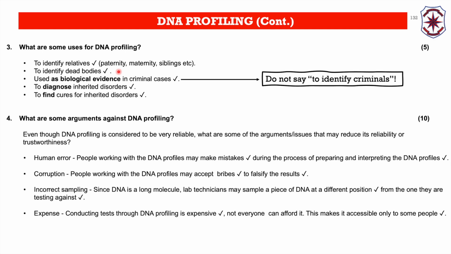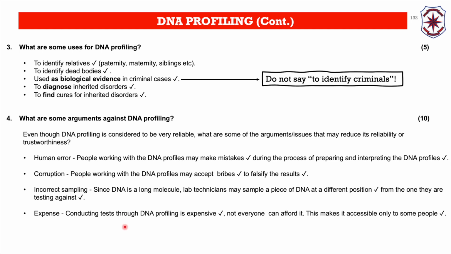And these procedures cost anything from 4,000 Rand, 5,000 Rand, and above, depending on the lab. So the state does not pay, in civil cases, for the DNA profiling. The people involved in this dispute in court would have to pay this.